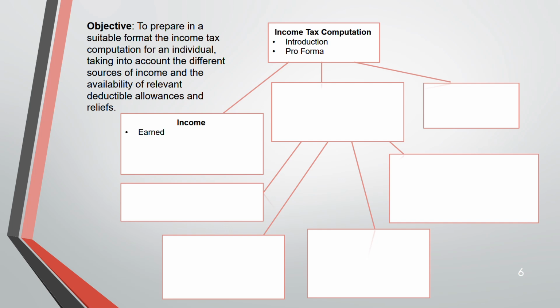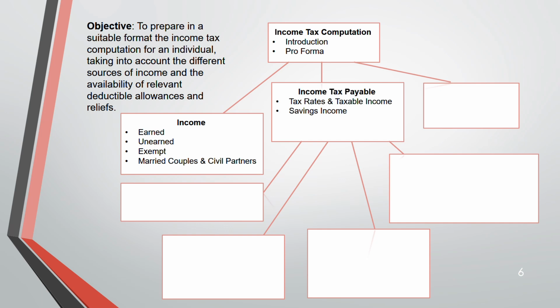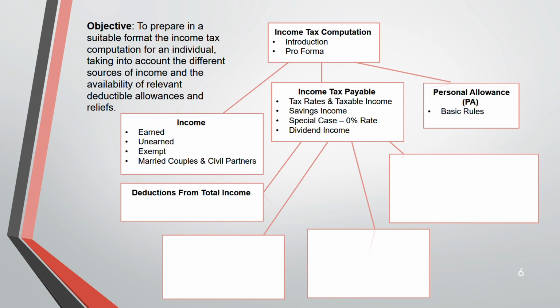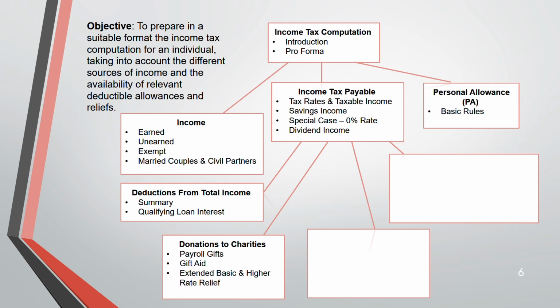Income tax proforma you have to know; earned, unearned, exempt income you have to know; then income tax payable, the tax rates, savings income special case and dividend income, then personal allowance, the basic rule and the amount, deductions from total income, qualifying loan interest. Then you donate to charity: payroll giving, gift aid donation, extending the basic and higher rate bands.